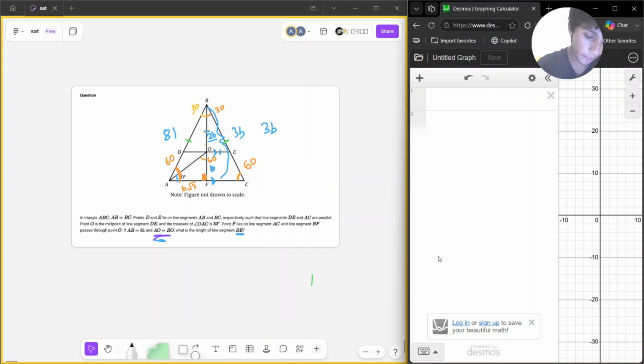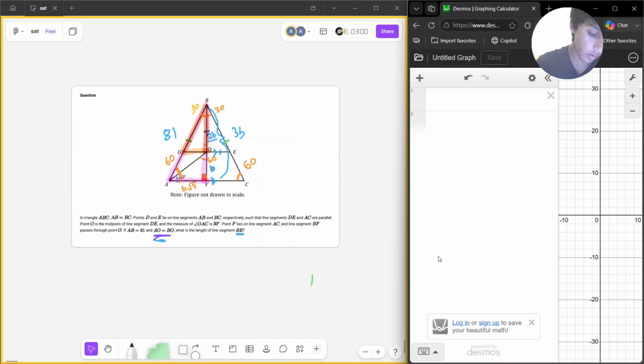What we can now know is that this smaller triangle right here, which happens to be similar to this bigger triangle right here, has a scale factor of 2/3.